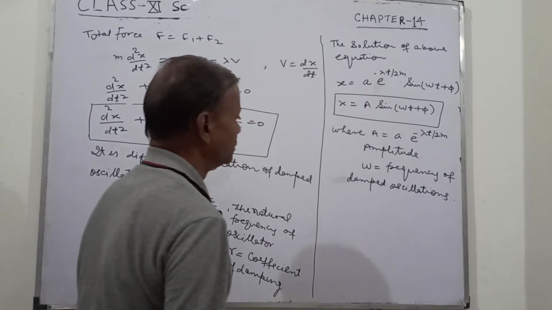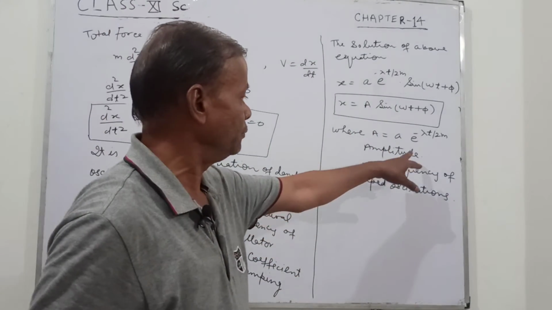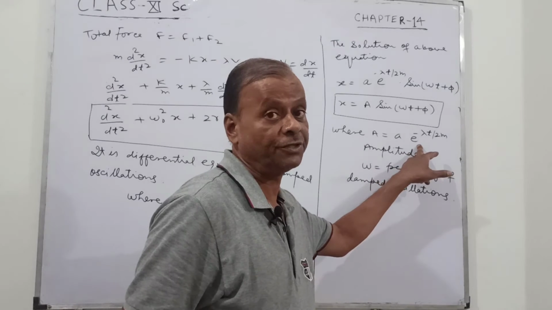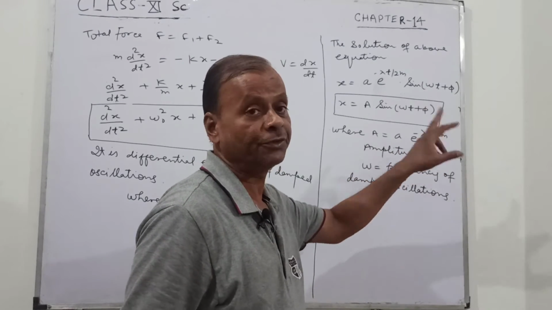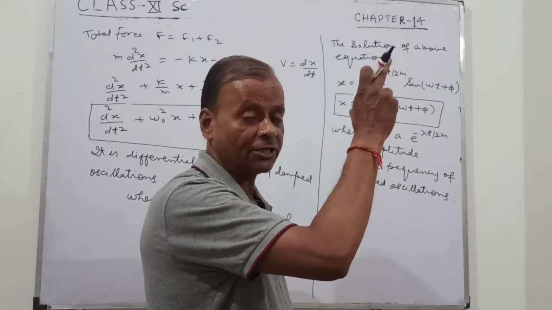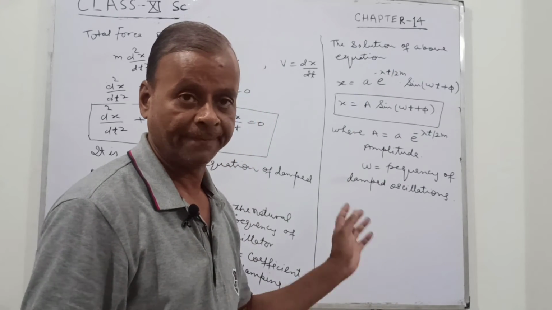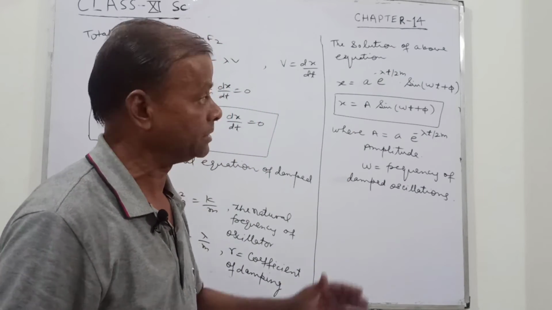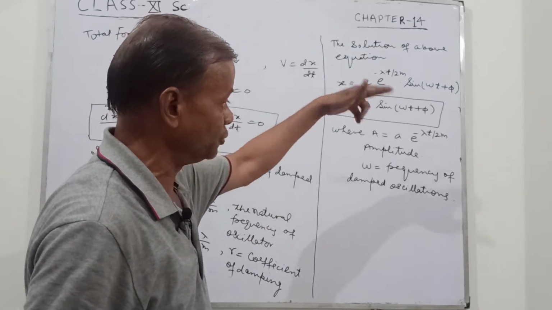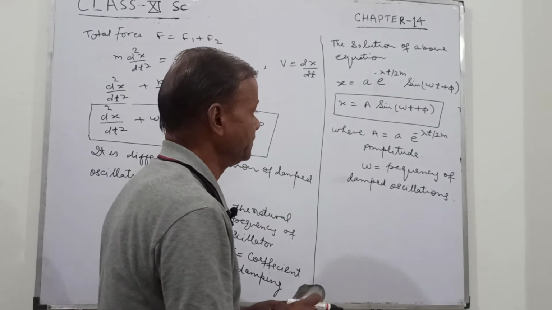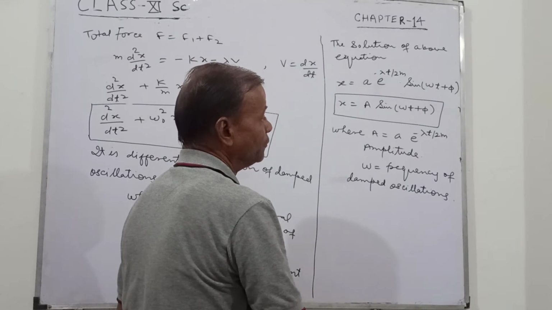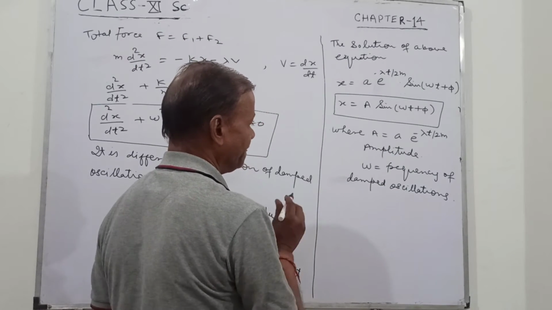You are seeing that here we have a term e, this is the exponential. It means that the amplitude decreases exponentially. So this is what I showed you in the figure, that the amplitude goes on decreasing, and that it is following the law of exponential.